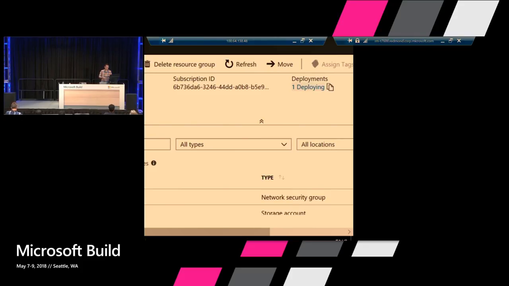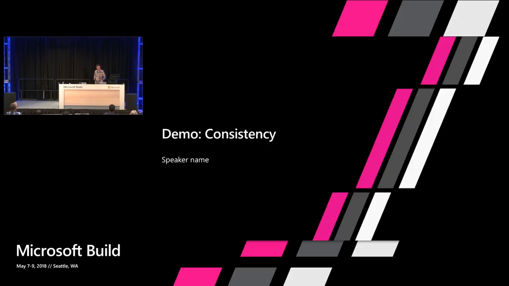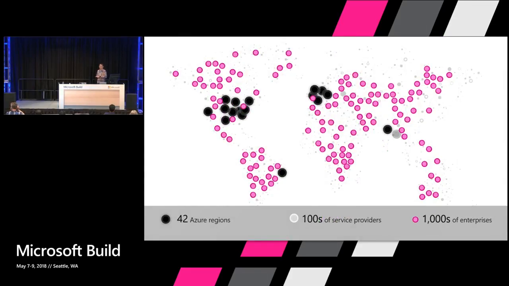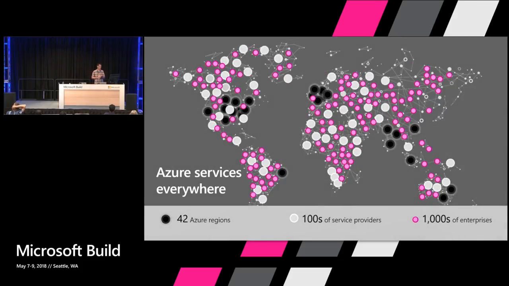So let's take a look at some other concepts and how we can use this consistency to, in reality, create hybrid applications. So let me switch my screen here. So again, always keep in mind the importance of Azure Stack being an extension of Azure, right?